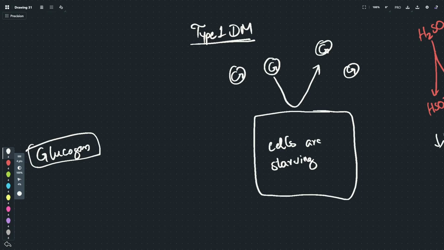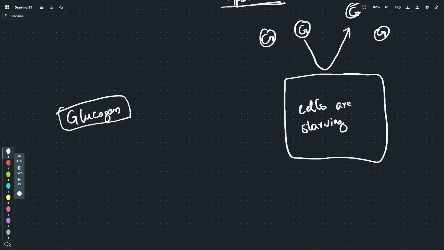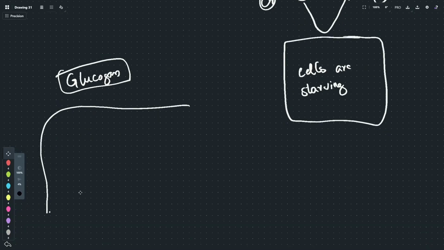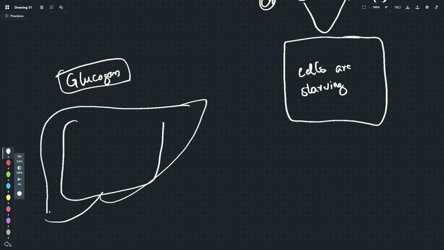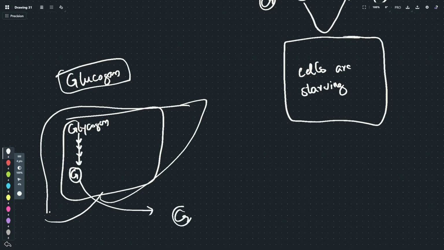So glucagon release will do what? First of all, at the liver level, if I draw a single cell of the liver, the liver has glycogen stores, the stored form of glucose. Glucagon will cause breakdown of glycogen and release glucose into the blood.